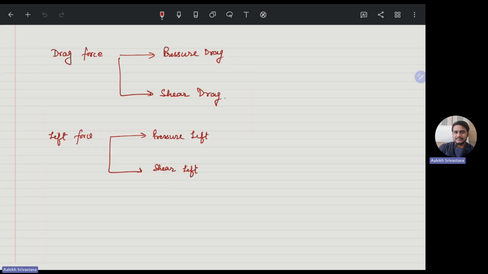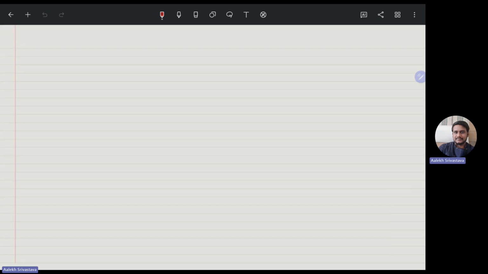Now you can understand that we have different types of forces: pressure drag and shear drag. Now we will try to solve one or two problems so that we can understand the meaning of each term.